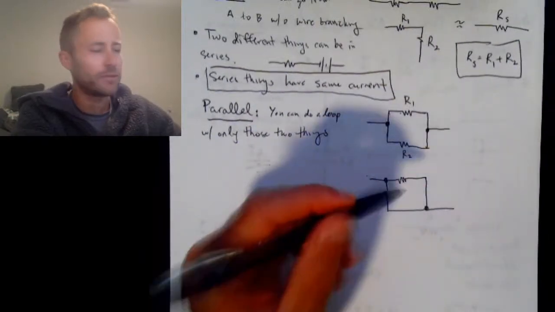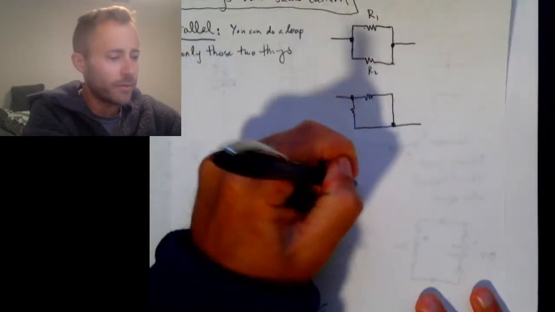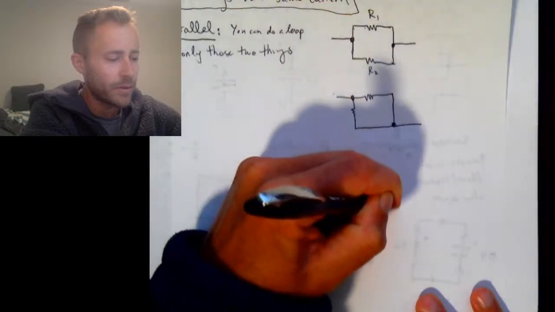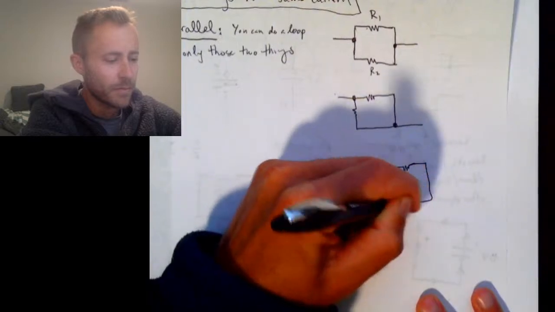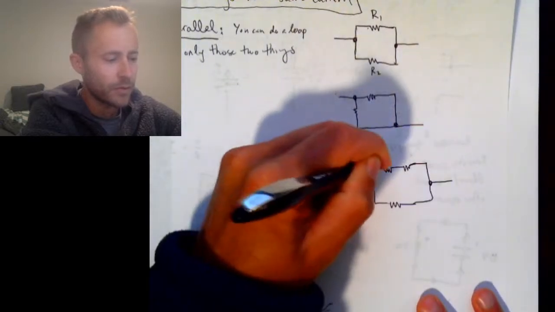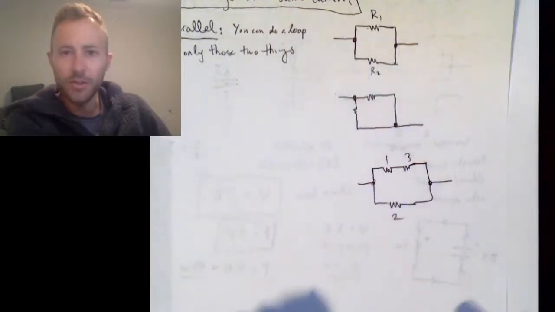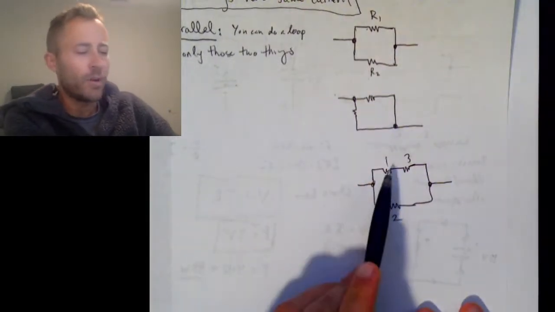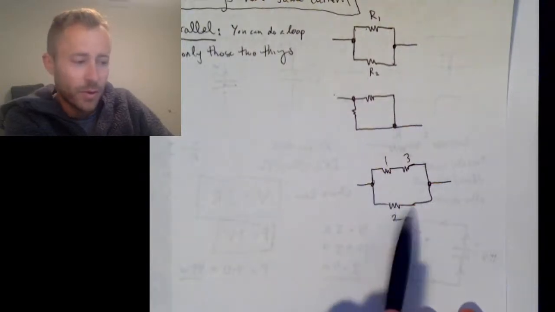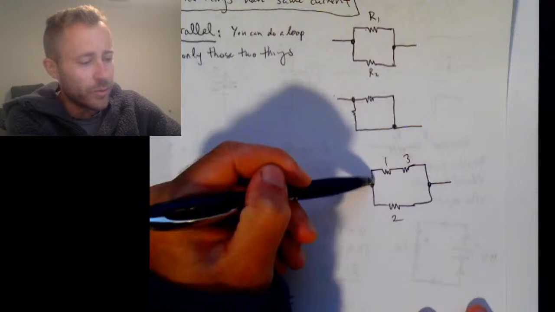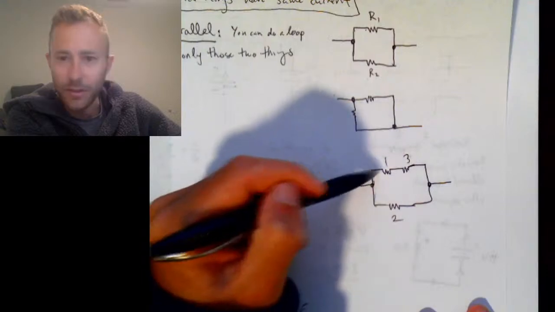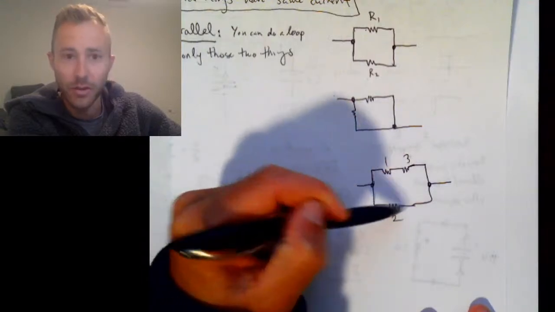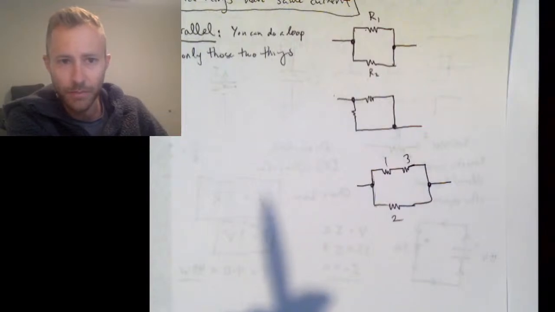But if you had something like this, where you have 1, 2, 3, you might be tempted to say that 1 and 2 are in parallel. After all, they're pointed in the same direction. But if I go around this loop, it has resistors 1 and 2, but it also has resistor 3, so they're not alone.